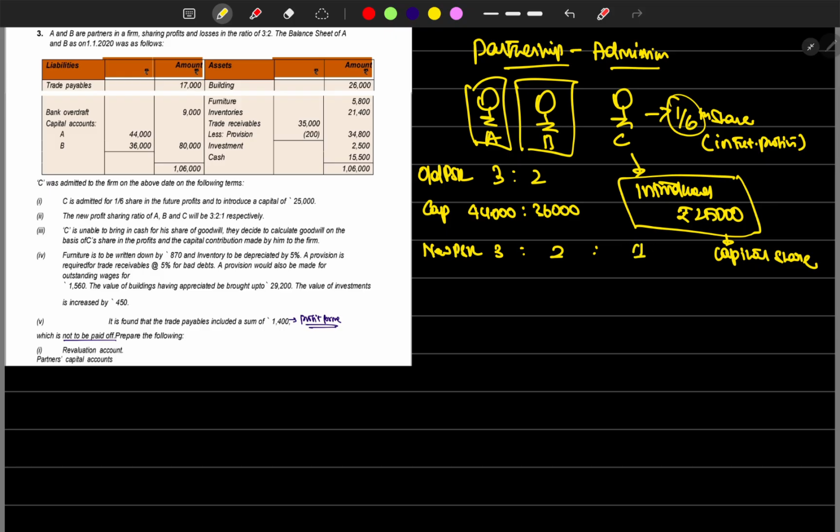Then C is unable to bring in cash for goodwill, so he didn't bring cash for goodwill. So we have to utilize the capital share to pay off the goodwill amounts to the respective partners.